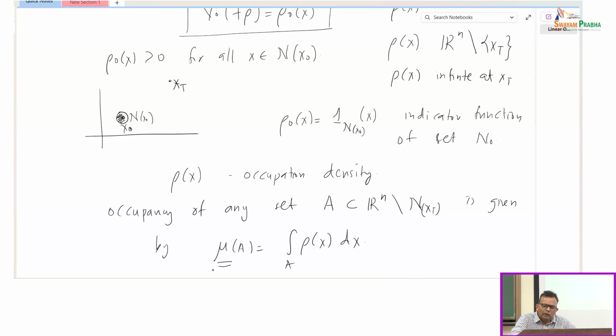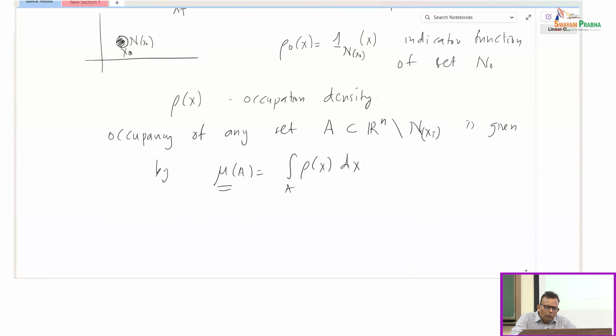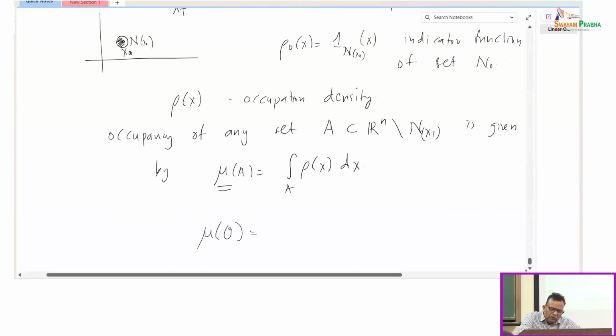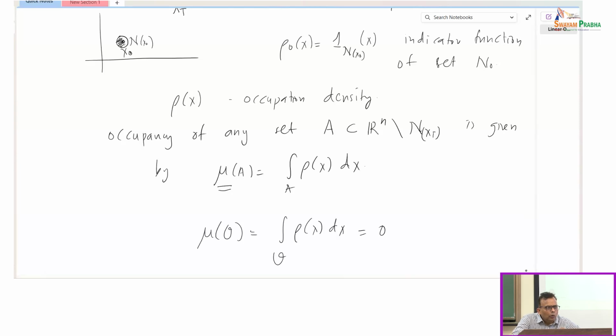Now, how do you construct the density function? Clearly, if I want to make this occupancy in the unsafe set O to be 0, then I have to pick the rho. If I want to construct the rho now, I can pick the rho such that rho is 0 on the unsafe set.